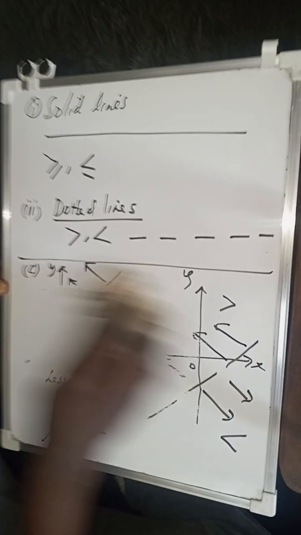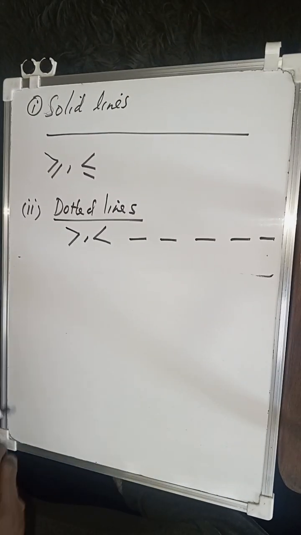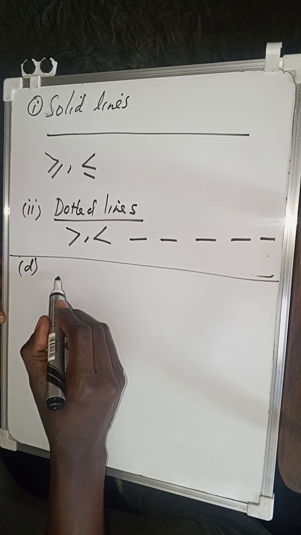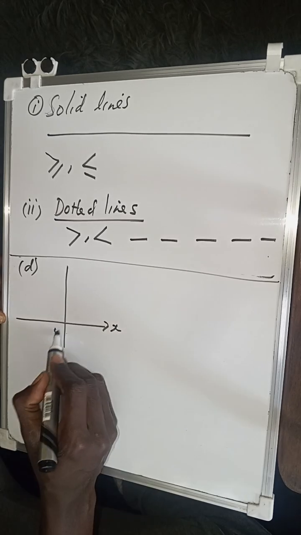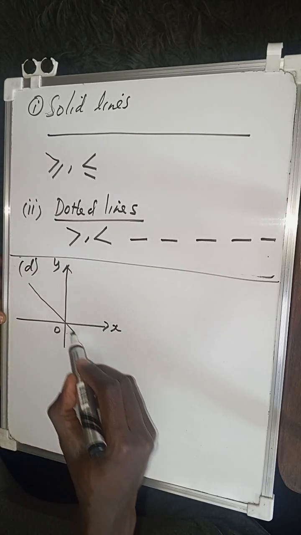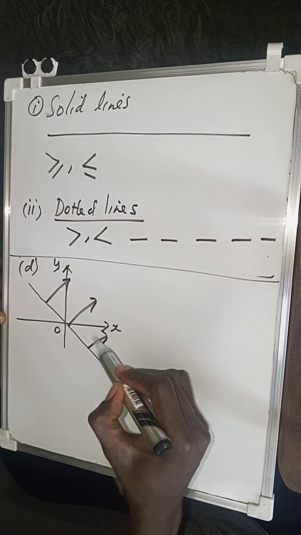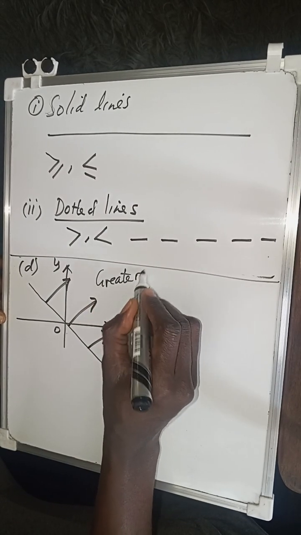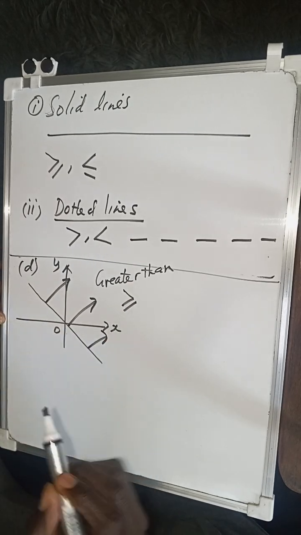Well, let's put up our last concept. I'll call it D, that you need to remember. For D, if we have our x-y plane there, and this time our slope is negative, going up the line is considered to be greater than, and because that's a solid line, it will be greater than or equal to.